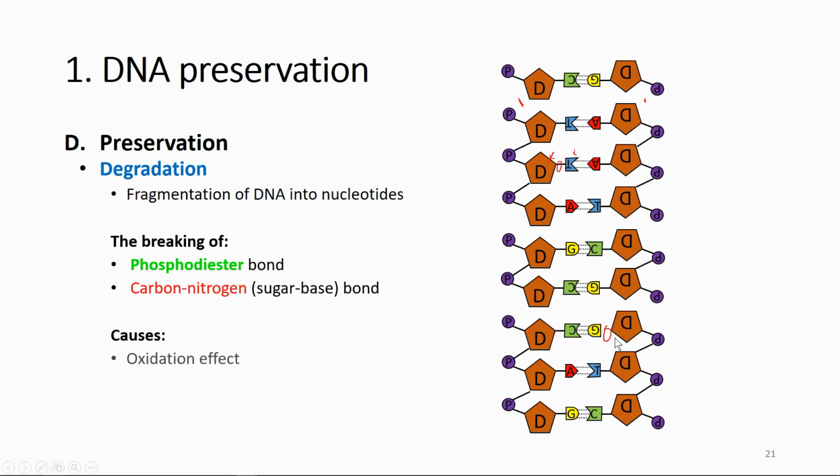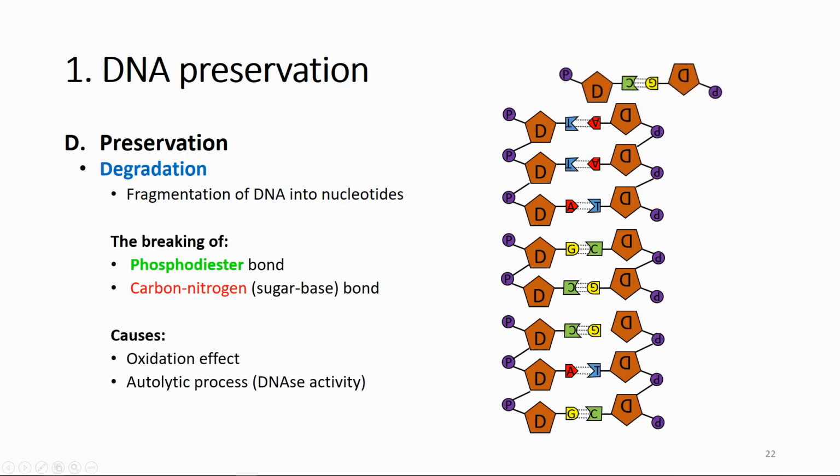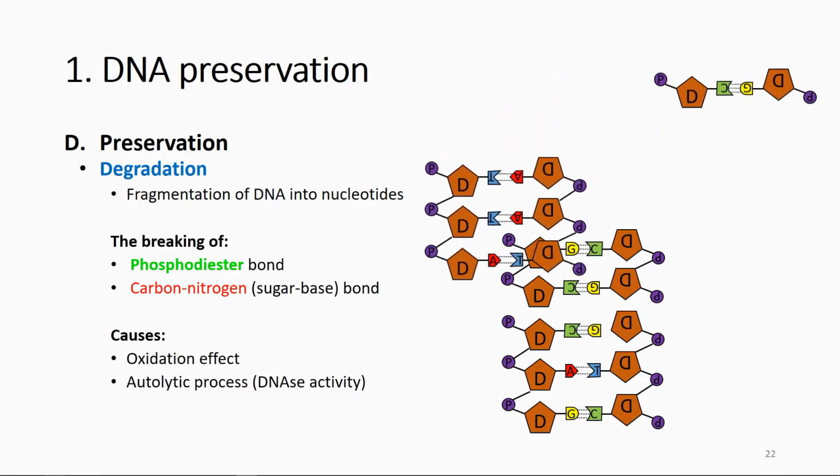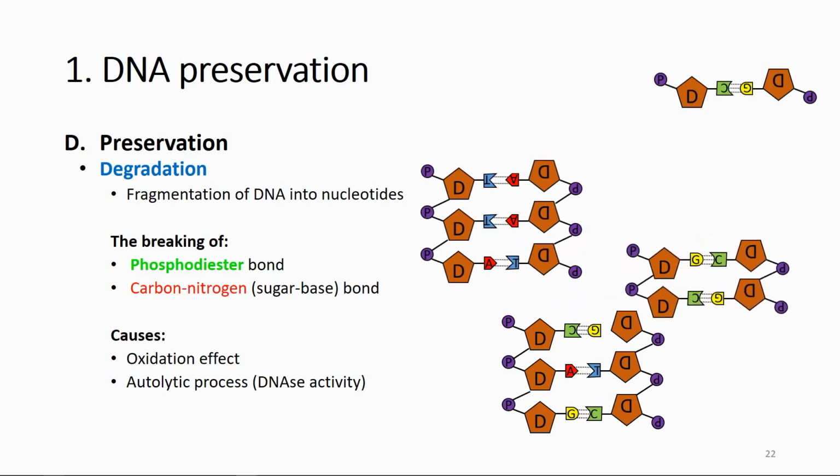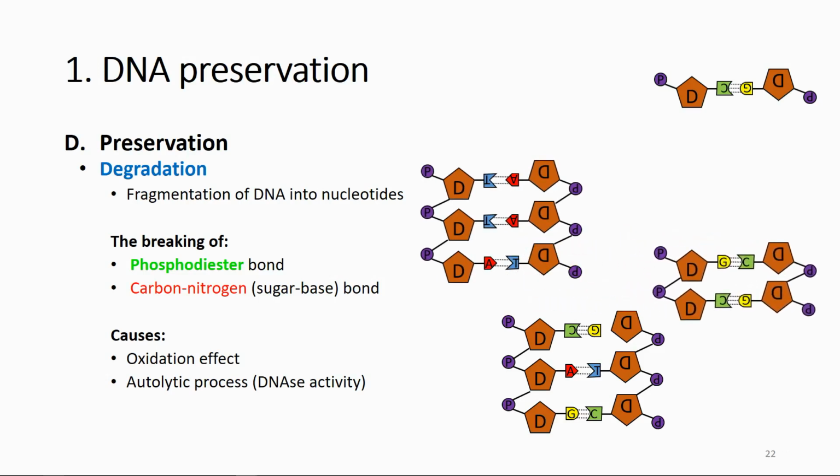The main cause of this degradation is the oxidation effect and the autolytic process, for example some enzyme activity. This will cause the DNA, still with double helix structure, to break into smaller fragments.